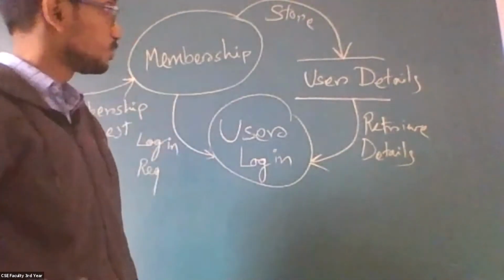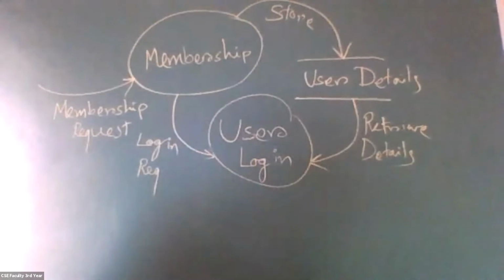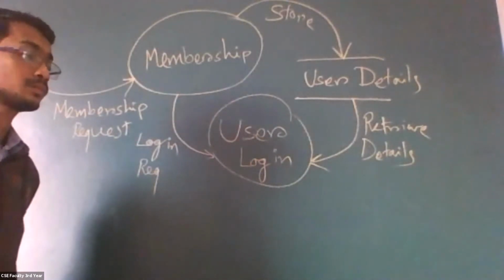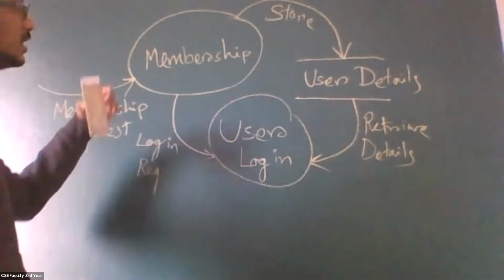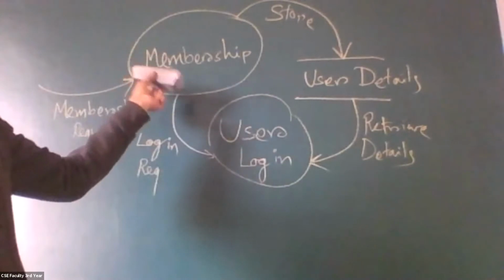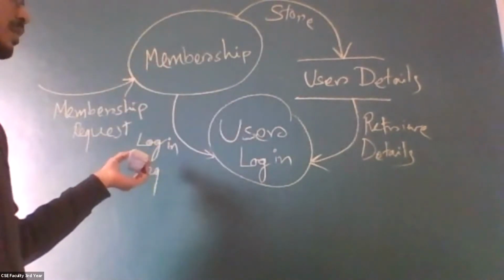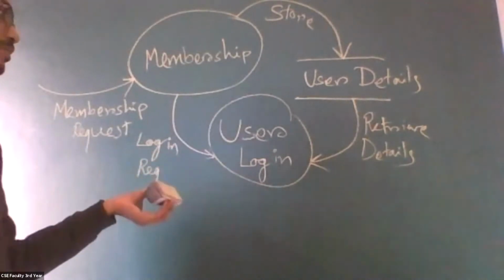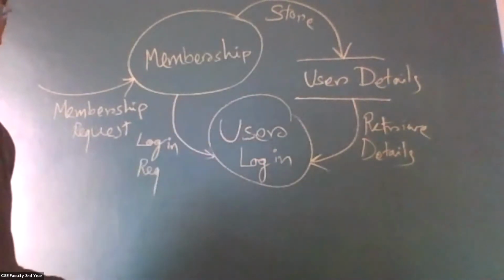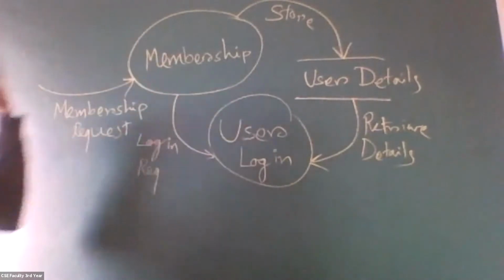Yes, sir. Okay. Now tell me another process. These are the very basic and initial processes. First, the user needs membership, and if he or she is a member of the system, then the first thing is user login. This is the initial part.